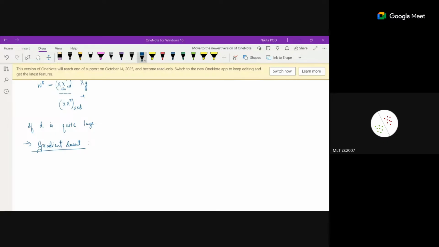Does anyone know what gradient descent does? It measures the rate of change of contours. Okay. What is the update rule of gradient descent?